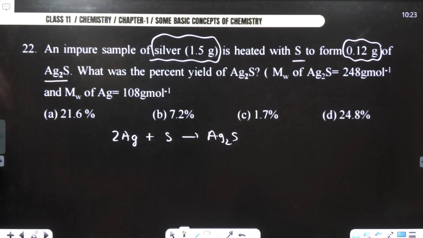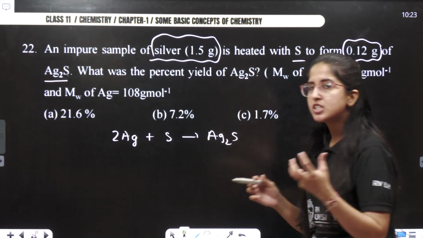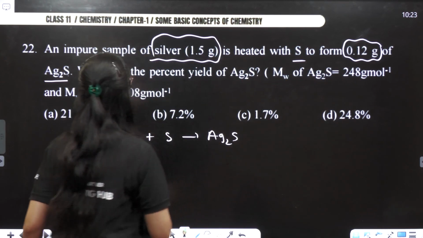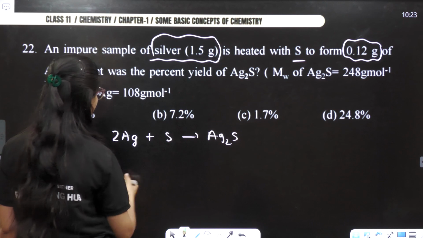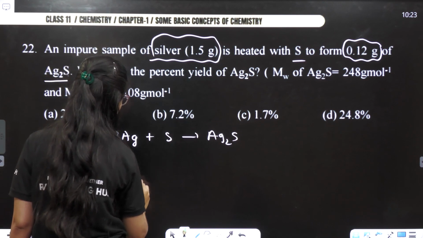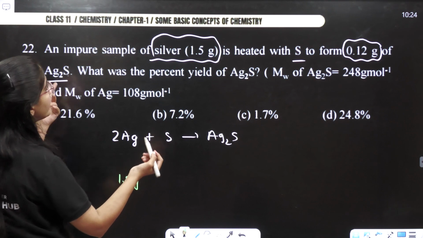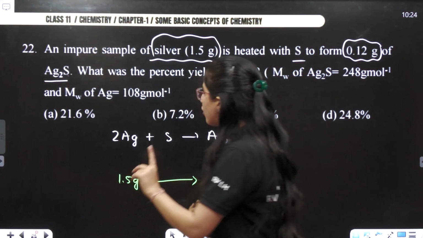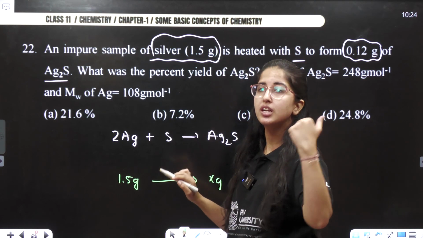So what you can do here is, first let us understand what the yield must be. An impure sample of 1.5 gram of silver is taken, forming 0.12 gram. So this will not be taken. Let us identify for 1.5 gram how many grams of Ag2S should initially form.